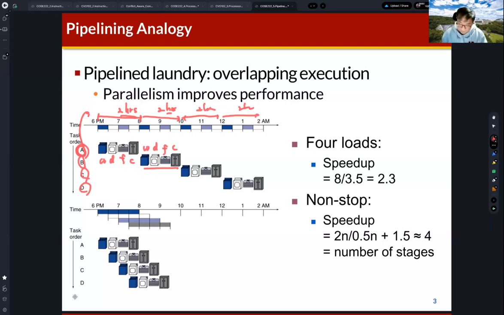So in this analogy, in order to complete laundering for all the clothing, we need to take 8 hours, okay? Because for each clothing, we need 2 hours, and there are 4 clothings. So we need to consume 8 hours.